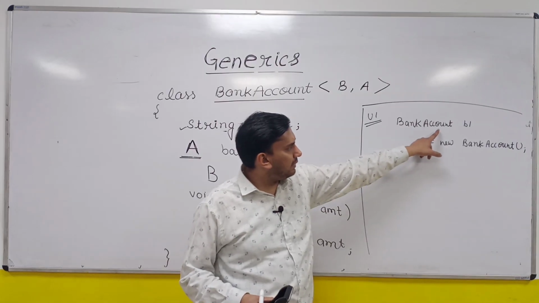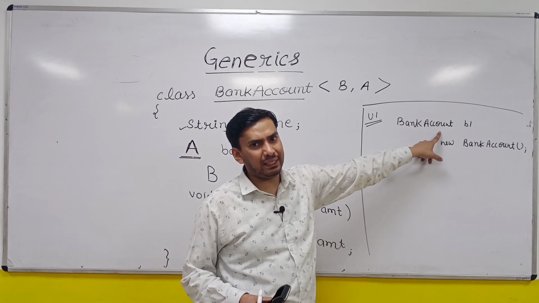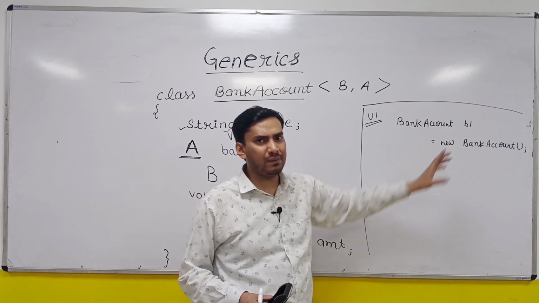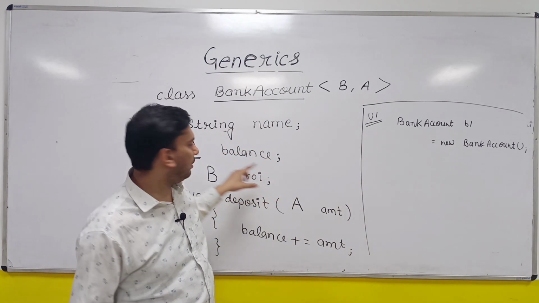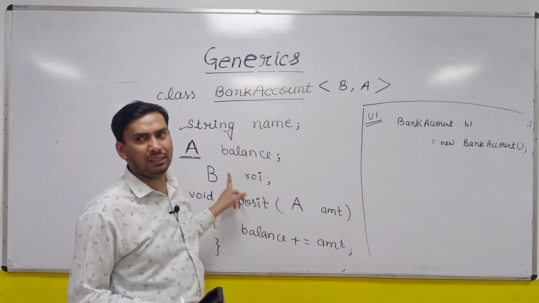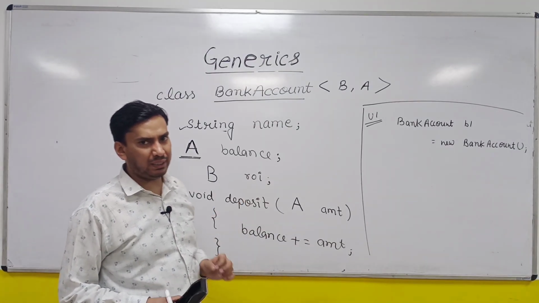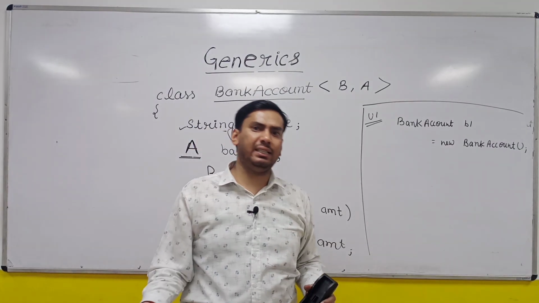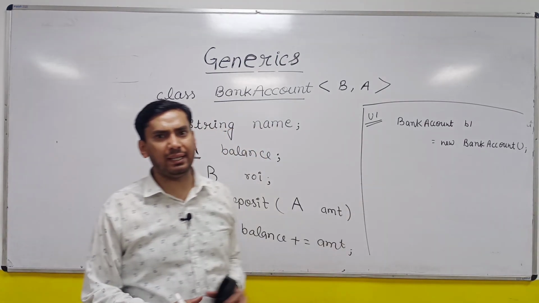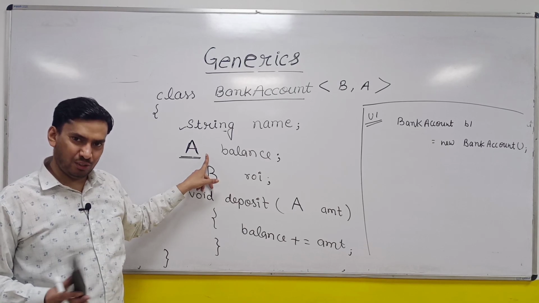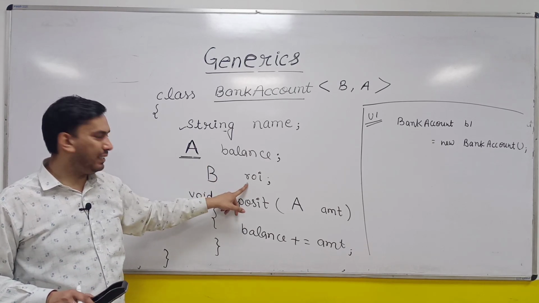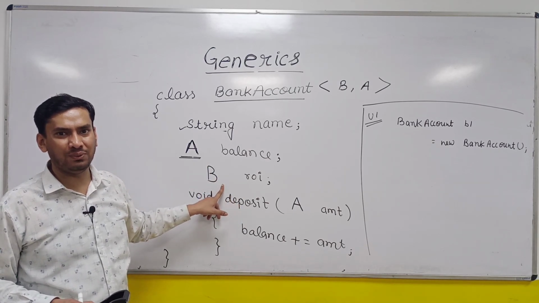Now when you create the object of this class bank account with this parameter, it will allow all kinds of objects because A and B are replaced by the object type. Means anybody can create the object of bank account with balance as dog, which is an object, and rate of interest as cow.